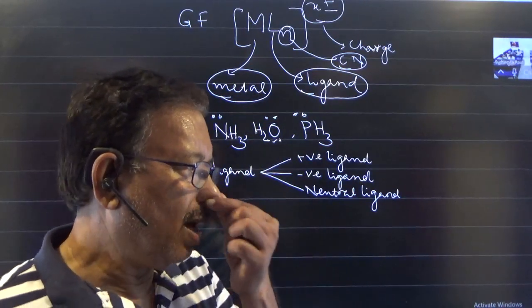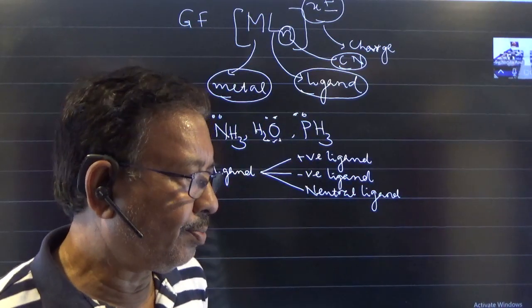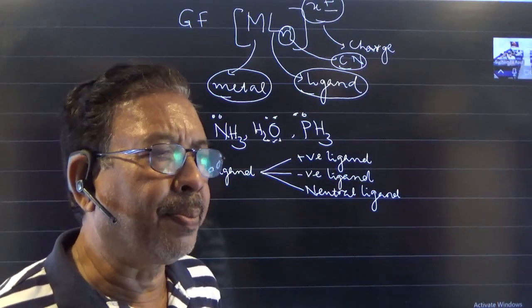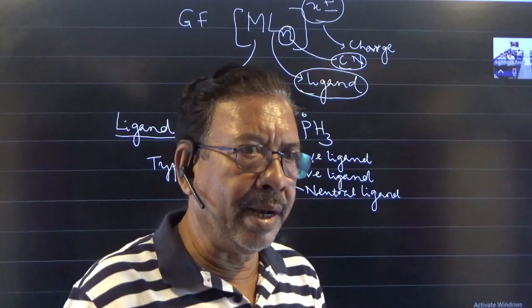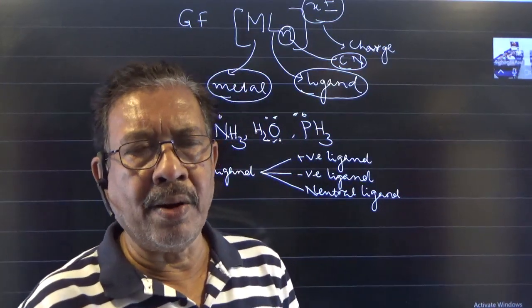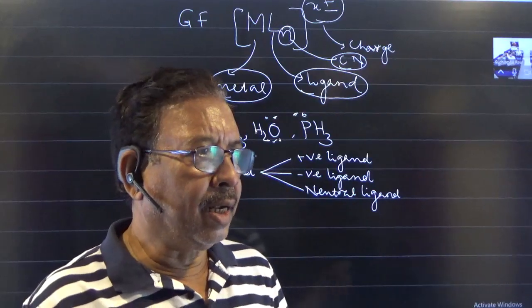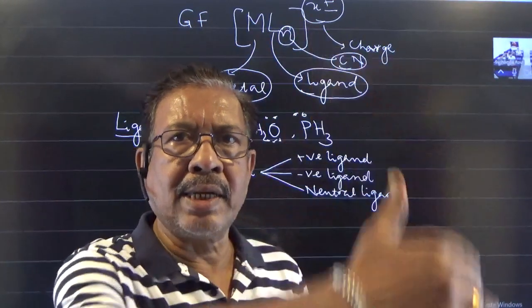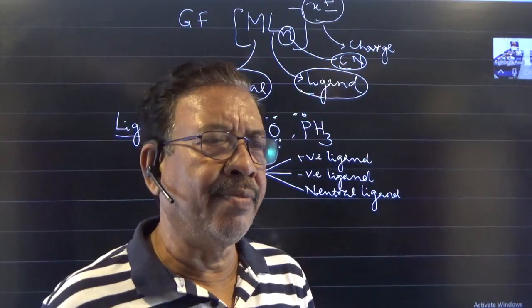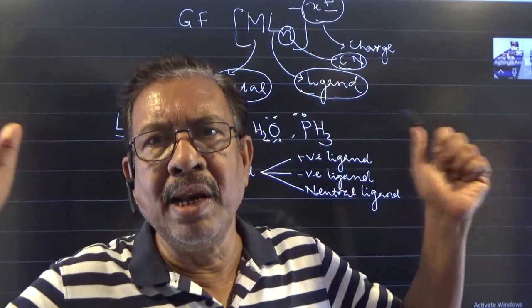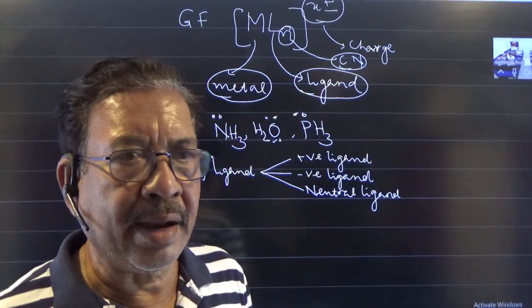Dear students, sir will send a PDF. I have shared one PDF of coordination compounds, so he will be sharing it with you. That means exactly all the notes are in the PDF, because a million ligands are there.